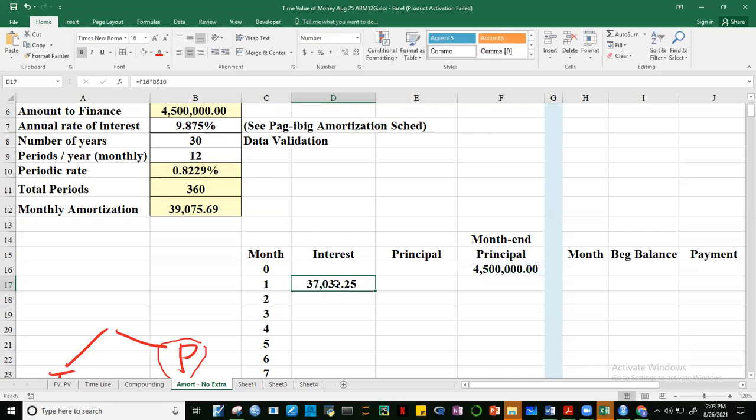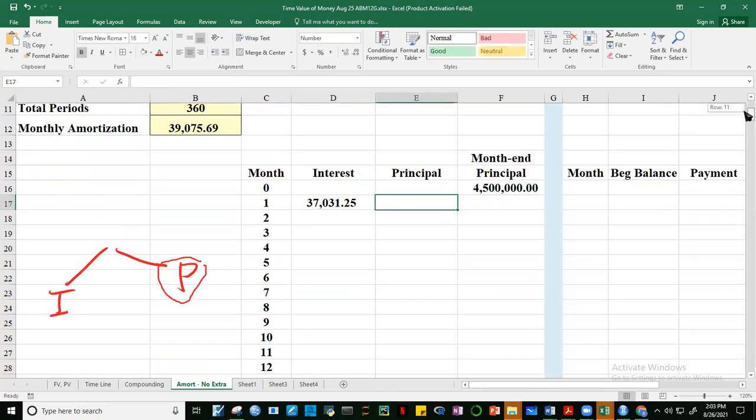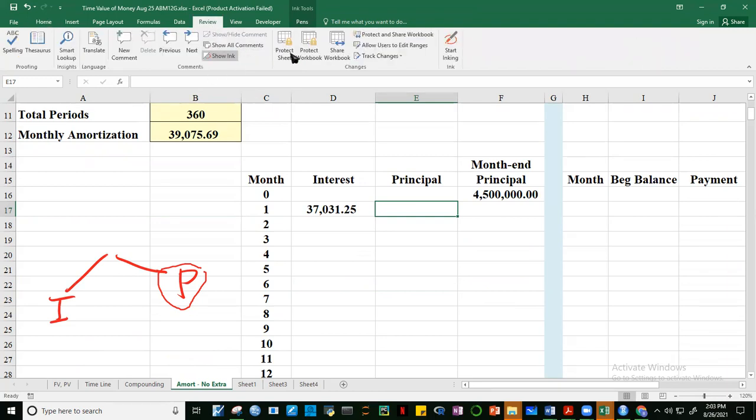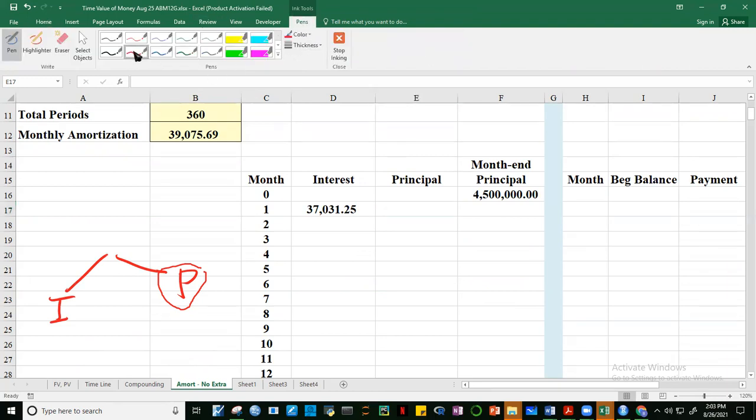All right, wow. Okay, so yung 39,075 na binayad natin, 37,000 will go to interest. Therefore, okay, so i-explain lang natin to. So di ba, ang babayaran natin every month is 39,075.69.